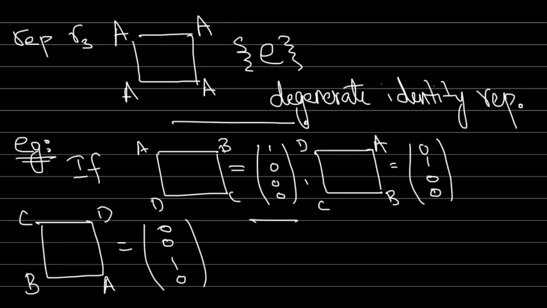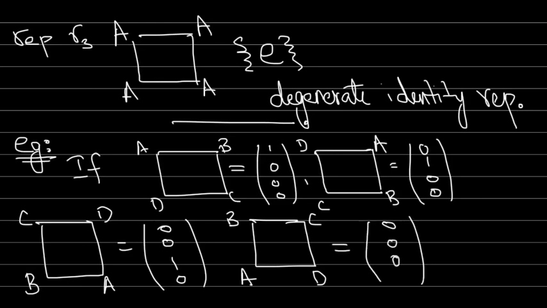And then finally we would have something like A, D, and B, C, right? And say you give this a column matrix, you define it by 0, 0, 0, 1.